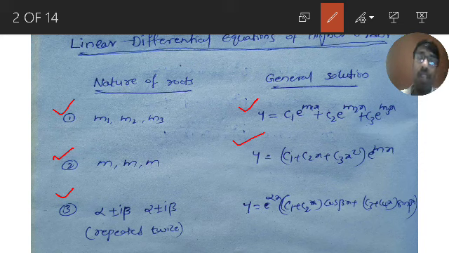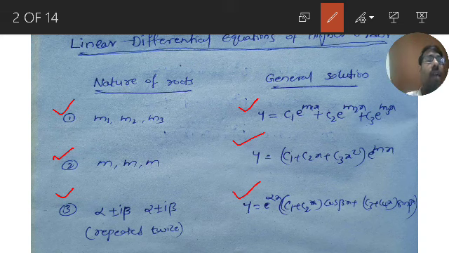Now they are repeated twice, then how to write the general solution? We are going to come across this in problems. The solution is y is equal to e power of alpha x into [(c1 plus c2x) cos beta x plus (c3 plus c4x) sin beta x].